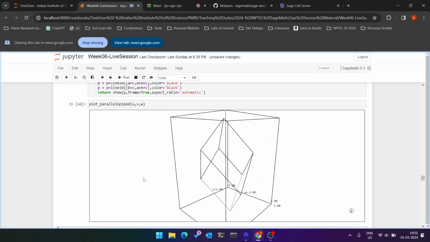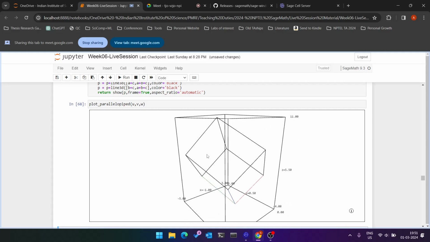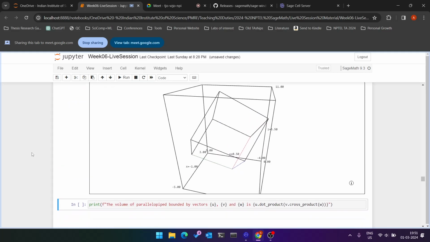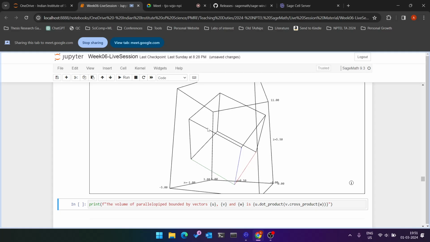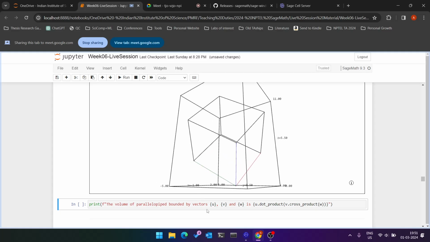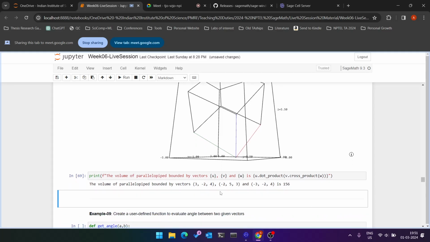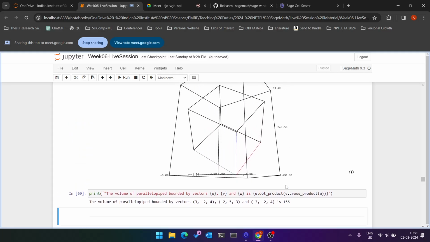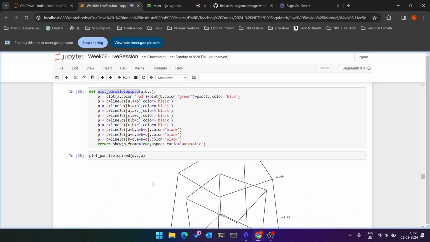Right. So if I want to calculate the volume of this parallelepiped, we know the formula is basically U dot V cross W, or a cyclic combination of the three. Run this print statement, the volume that is bounded comes out to be 156. So this is what we obtain from this. So this is how we solve this particular question.